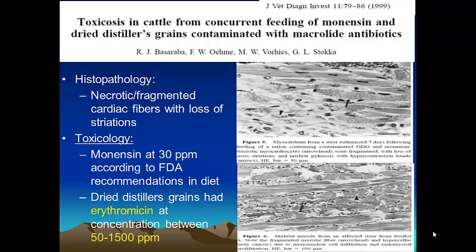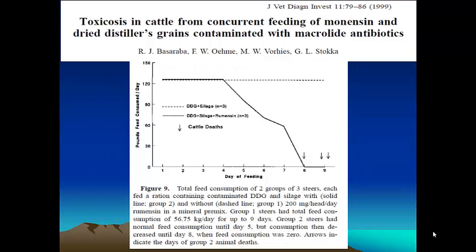And another thing they did to demonstrate that the distillers' grains was the culprit was a feeding trial. They did two groups of 3 animals each. One was being fed distillers' grains and silage alone, and another group was supplemented with the trace mineral mix that contained monensin. And as we can see, the feed consumption was equal at 120 pounds per day until day 4.